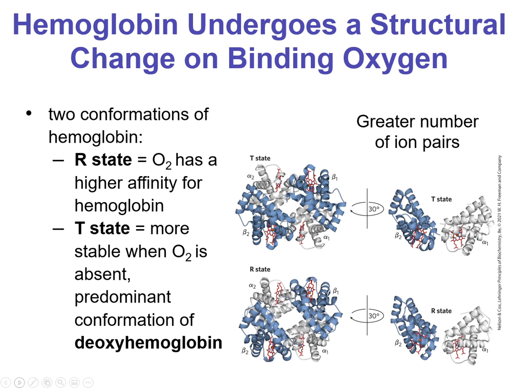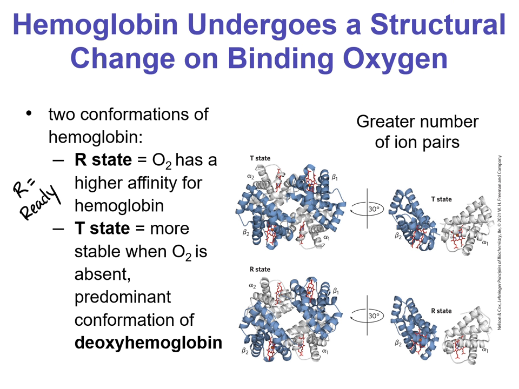Hemoglobin actually undergoes a structural change when oxygen binds. There's the T state and the R state. The R state is the one that actually has a higher affinity for oxygen. I think about it this way. R state is the ready state. R equals ready.